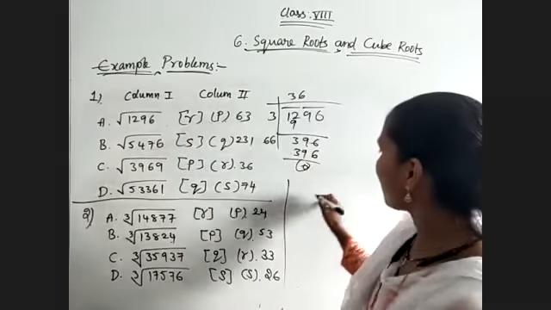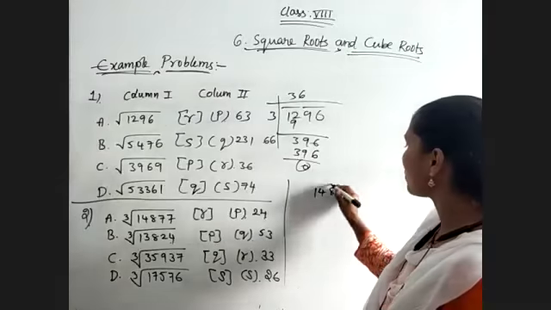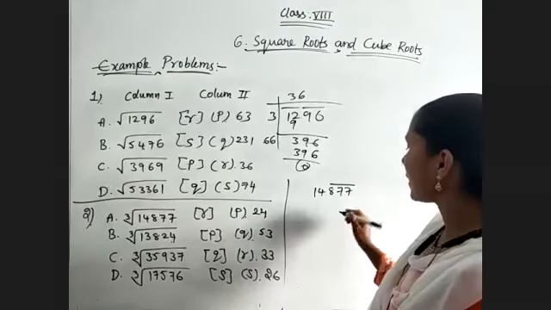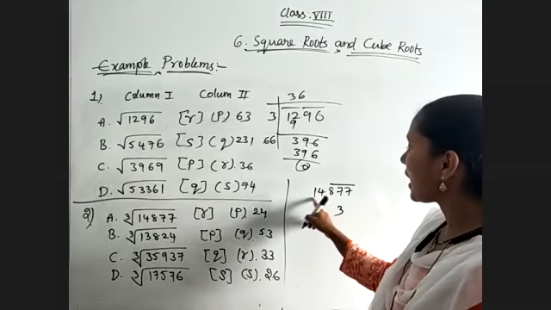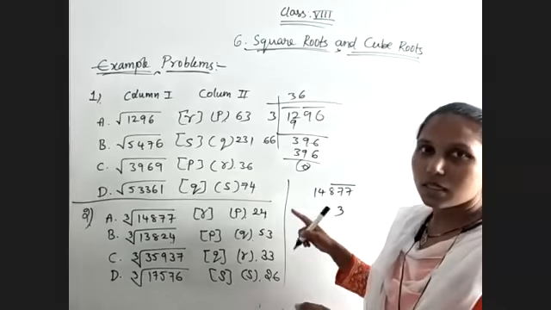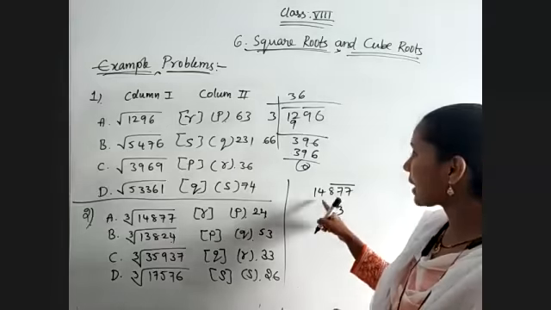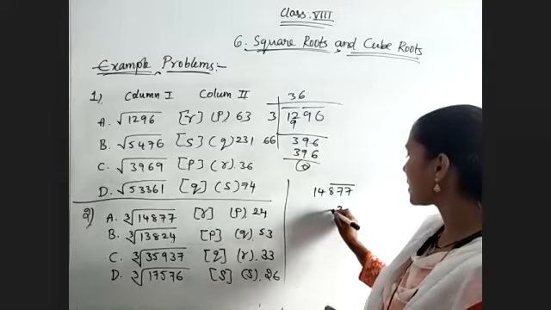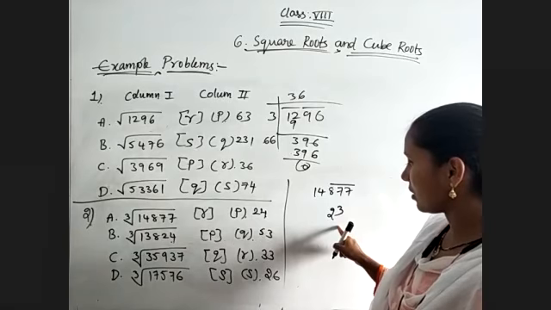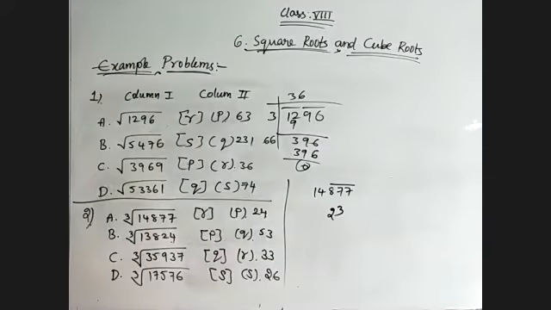Just find out those cube roots. Cube root of 14,877. Instead of the prime factorization method, go through with the estimation. Because 7 we have, 3 will be the unit digit. And 14 is the cube value lying between 1 cube is 1, 2 cube is 8, 3 cube is 27. So it is lying between 2 cube and 3 cube, means 2 is the sufficient number. So 23. Sorry, here one more number we have.